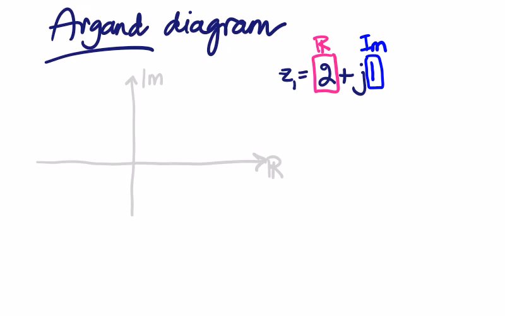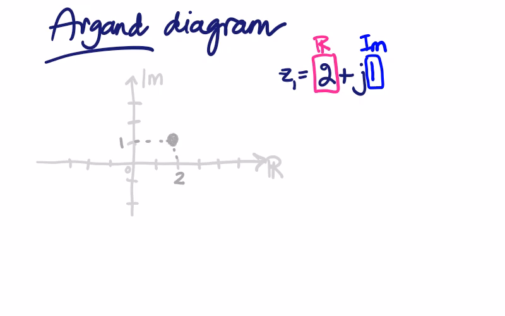So let's put our number line here, and 0 is there. If we want to place the 2 in the real axis, here it is, the 2, and the imaginary 1 is the vertical one there, and then we get that point.